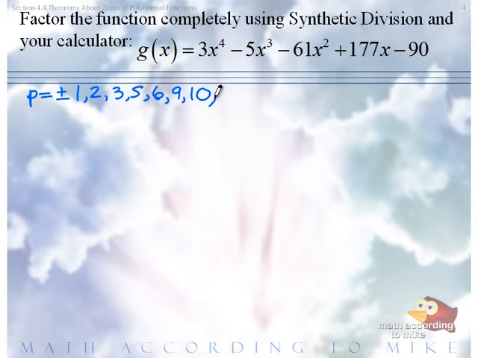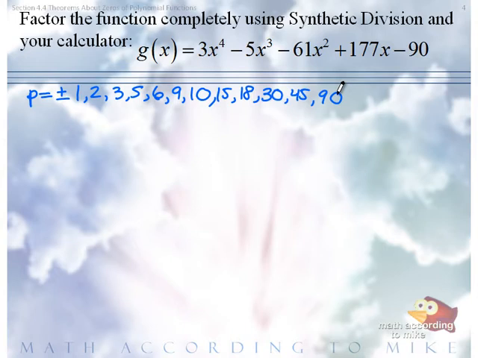So there's 90 right here. 9 times 10. 6 times what? 15. 5 times? 3 times? 2 times? I got the last one. 90.